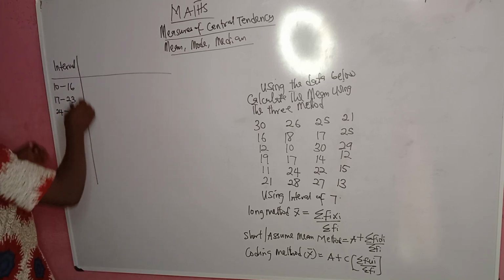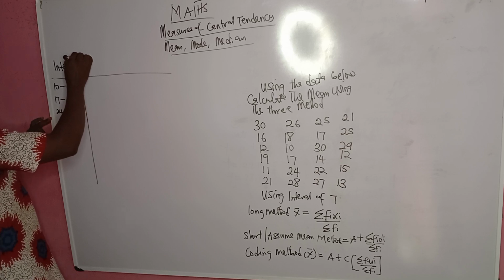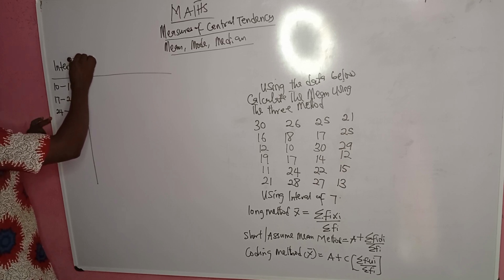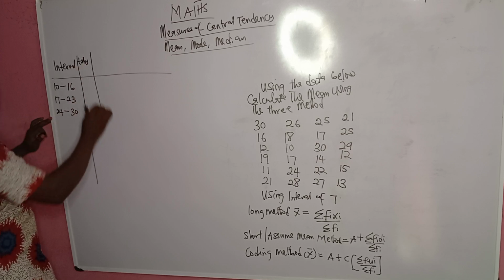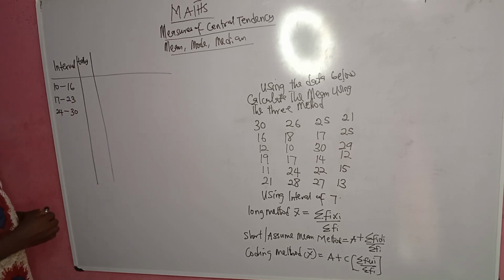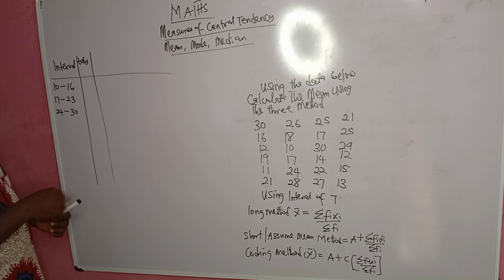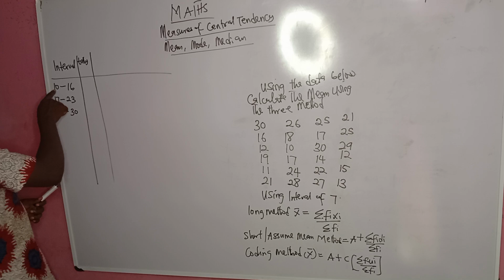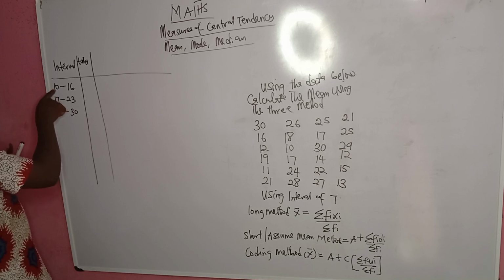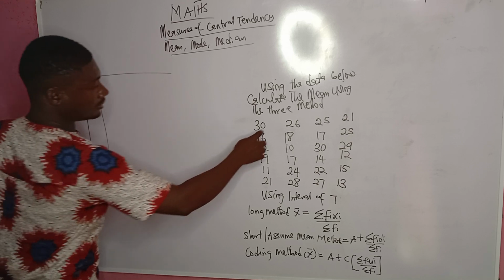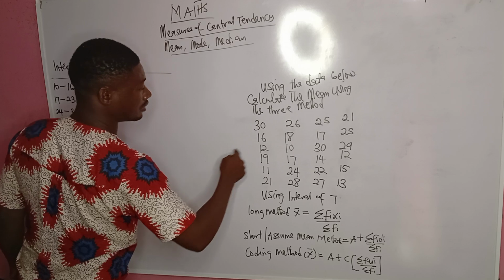Then we have to do what we call the tally. Remember how we normally do tally in primary school? If you are counting in 5, once you count 4, you use 1 to tie it. Now, let's check the numbers from 10 to 16. We don't have any in the first row.